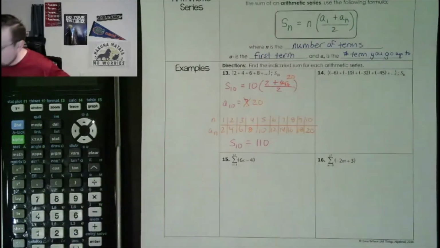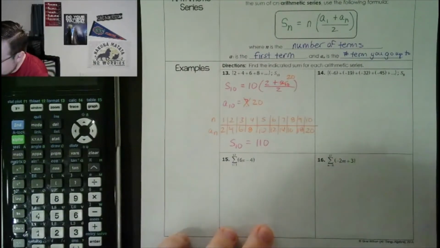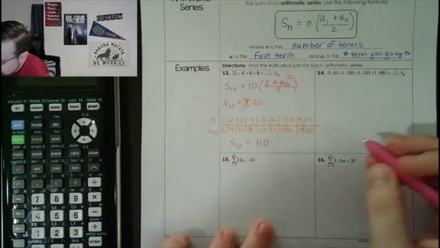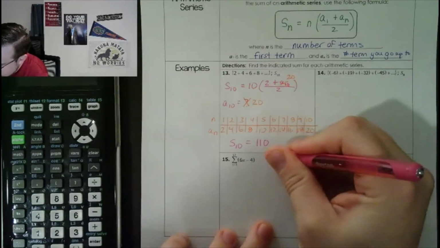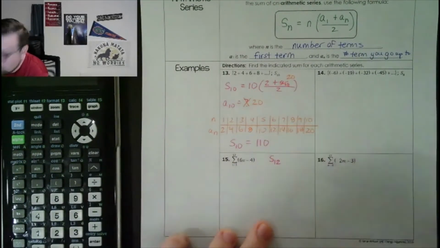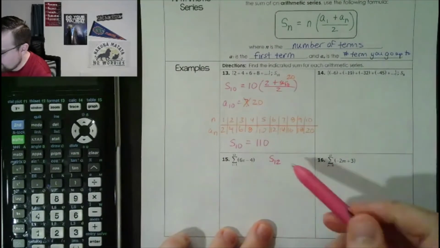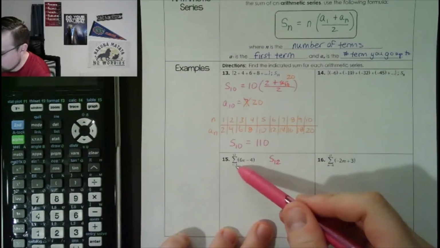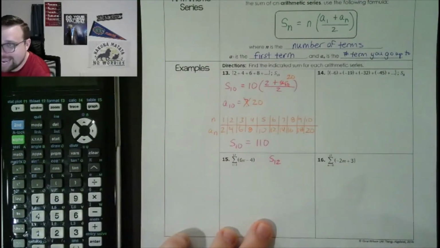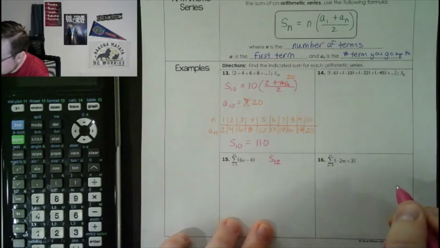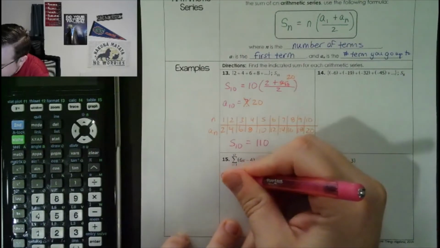So there's a couple things that we need to find out. The first thing is we have to know that S sub 12 is what we're solving for, because we're getting that sum from the first term all the way up to the 12th. The n being 12 is where we're stopping. That's the number term we're stopping on. We need to find out what is a1.